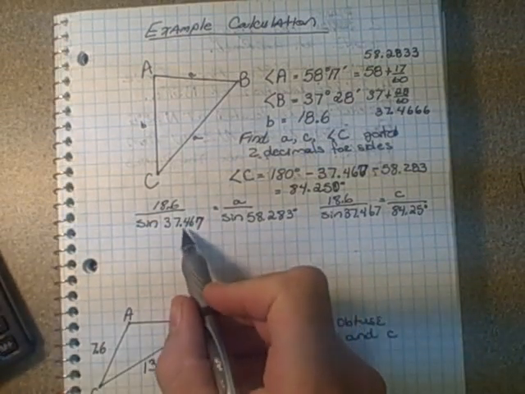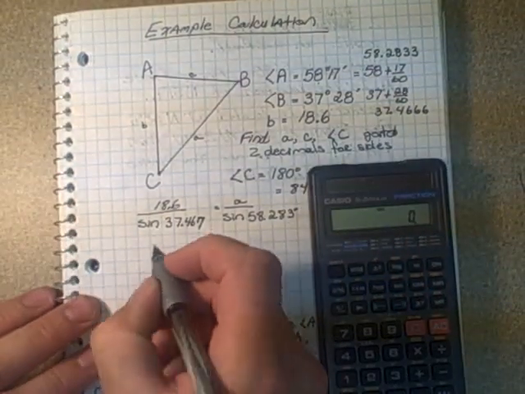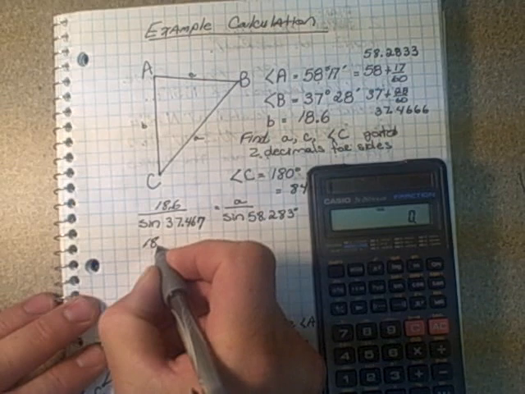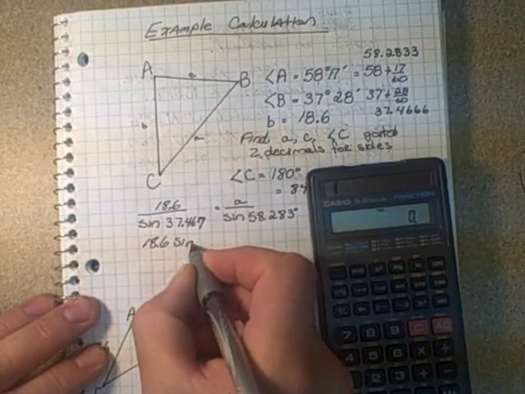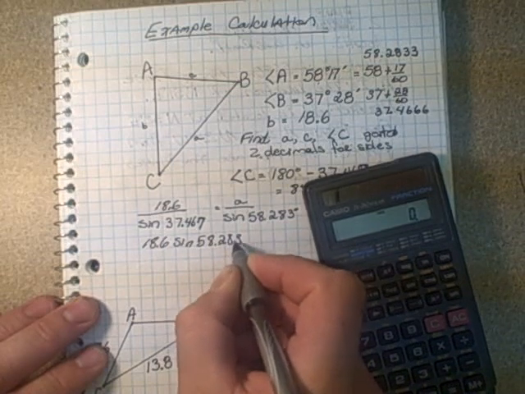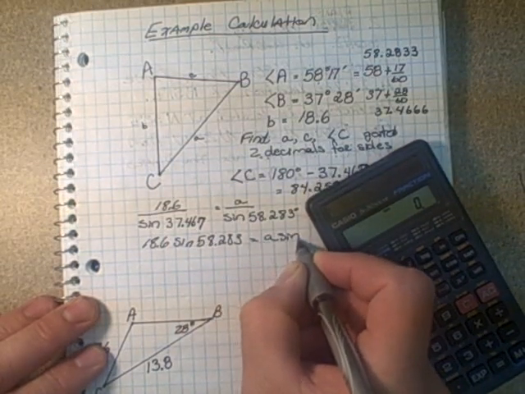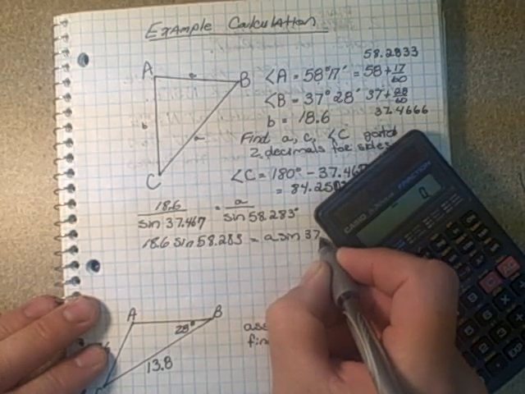Okay, so we have to do some cross multiplication. You can write it out if you like. This would be 18.6 sine 58.283 equals A sine 37.467.